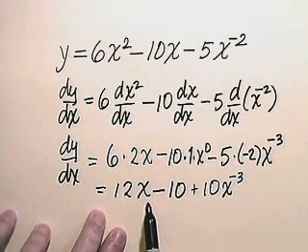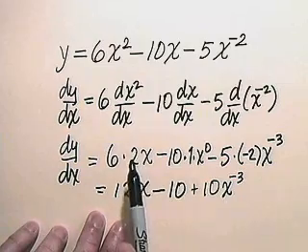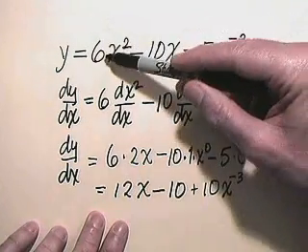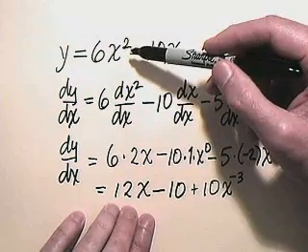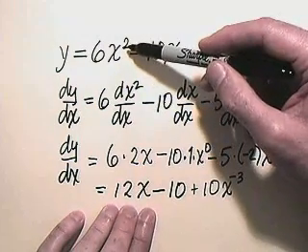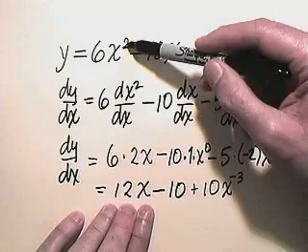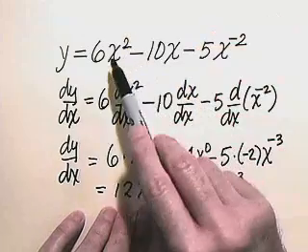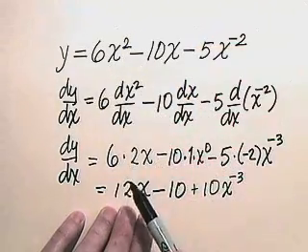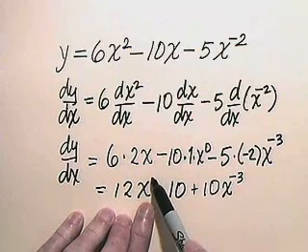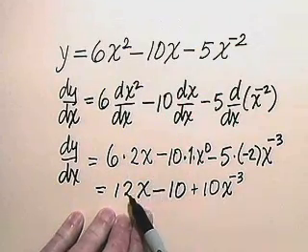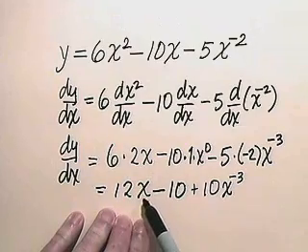I'd like you to notice that when I look at the original expression, differentiating 6x squared, we can go directly from there to the 12x by simply taking that exponent 2 and multiplying by the coefficient 6 to get the 12, lower the exponent down to 1. We get as a result the 12x.